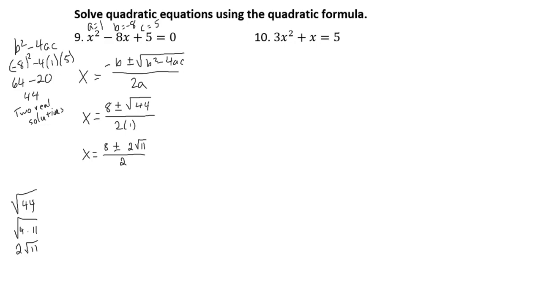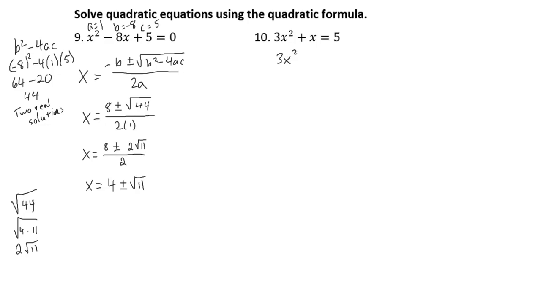And if you notice, we're dividing by 2, so then we can divide top and bottom by 2 because they are both multiples of 2 as well. So that gives us 4 plus or minus root 11. All right, let's work our last example.